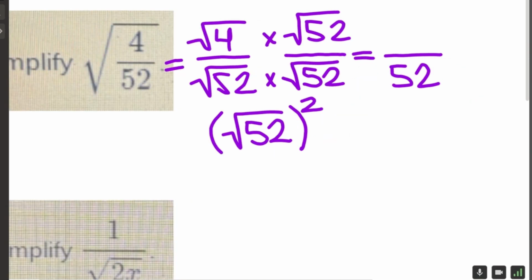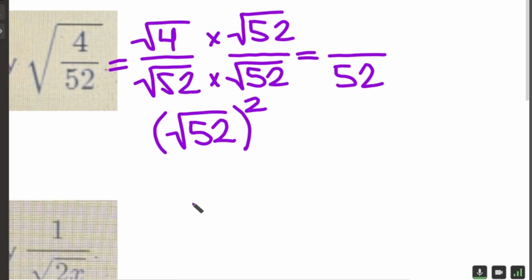So what do we do with the numerator? Well, the numerator is just this, right? We can separate them, or we can have them all under the radical. It's 4 times 52. Do we have any perfect squares in that?